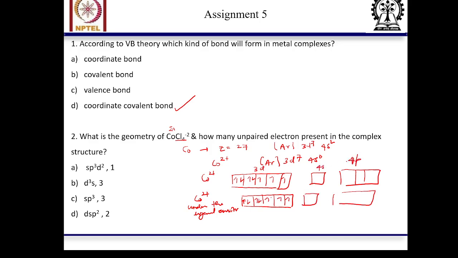Now the 4s and 4p orbitals will give an sp3 hybridization where the Cl minus can donate its orbital. So we have sp3 hybridization. How many unpaired electrons are there? 1, 2, 3. So 3 unpaired electrons. The correct answer is C, sp3 and 3.